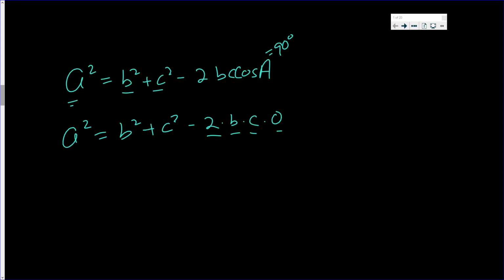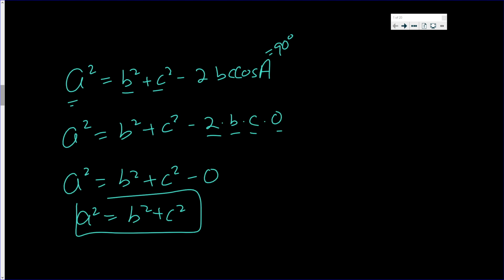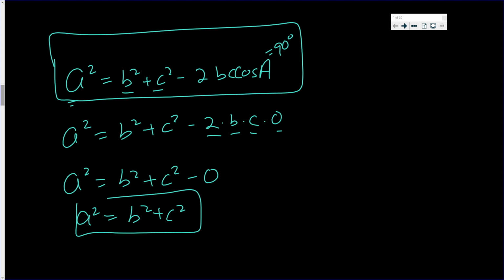You multiply those four numbers, you're going to get 0. And the right side is just b squared plus c squared. That is, the law of cosines does live up to the Pythagorean theorem.